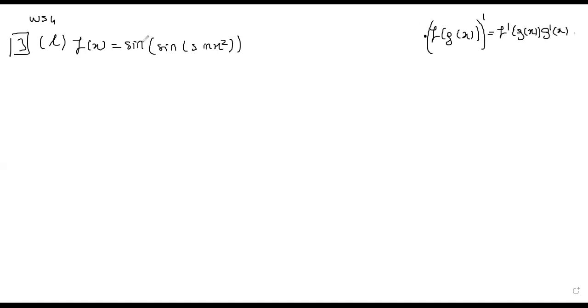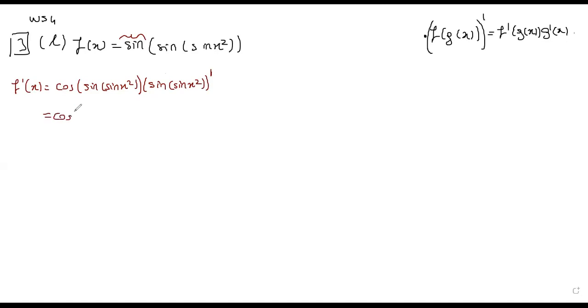So what do we have here? We have first the sine, so we start with that. f prime of x is equal to cosine of this function, times the derivative of the inside function.